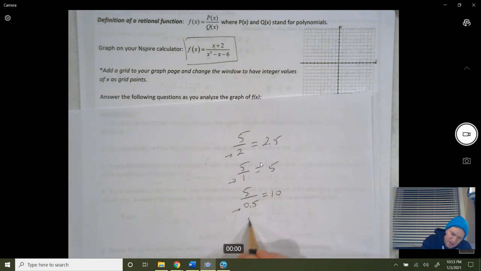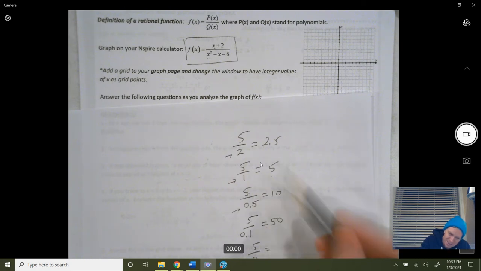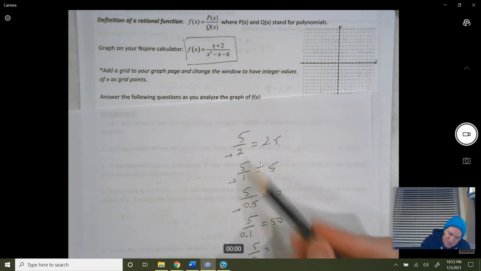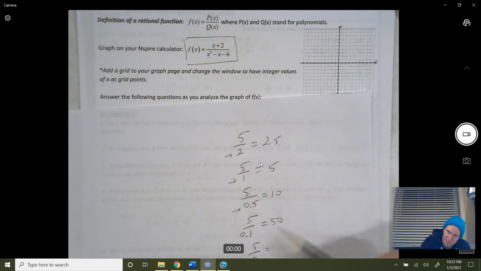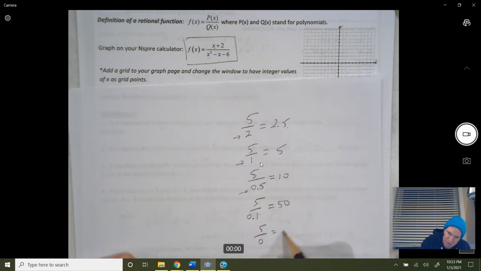So when you get 5 divided by like 0.1, that's 5 divided by 1/10, which gives you 50. So when you get 5 divided by 0, notice if your denominator is getting smaller, your fraction's getting bigger, and this thing's actually approaching something that's infinite. Okay?